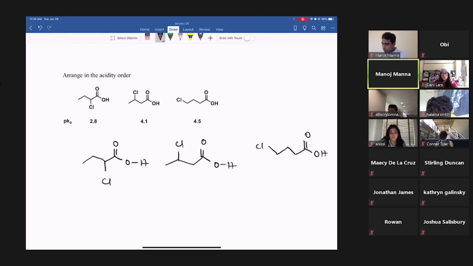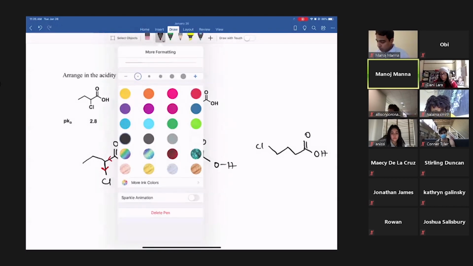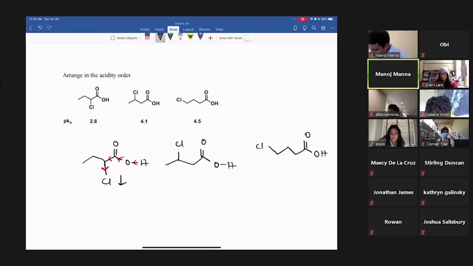Now, as we know, chlorine is an electron withdrawing atom, so electrons are dragged this way, through the bond. By the inductive effect of chlorine, you can see the electrons are pushing in this direction.